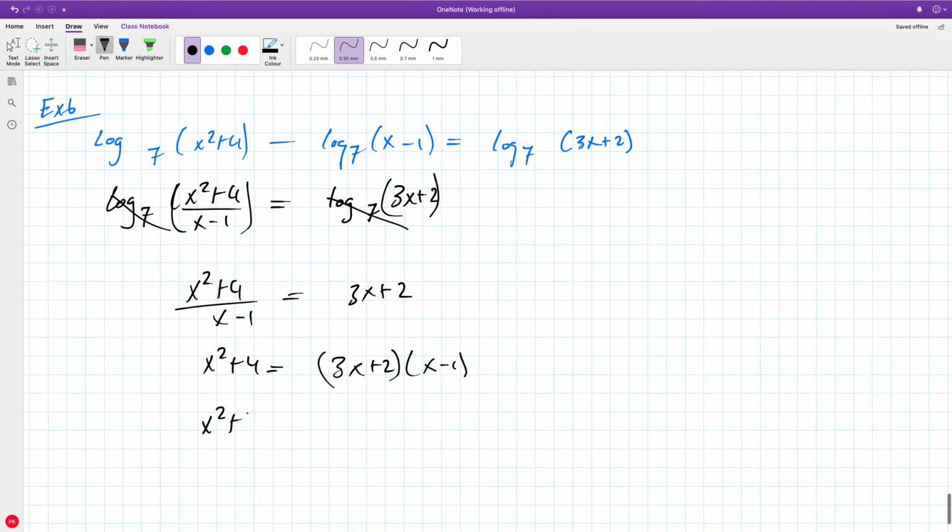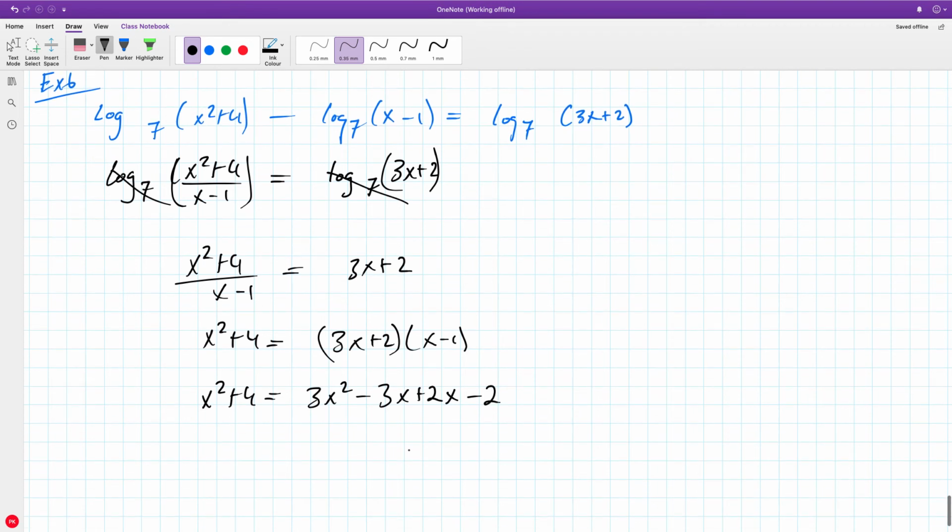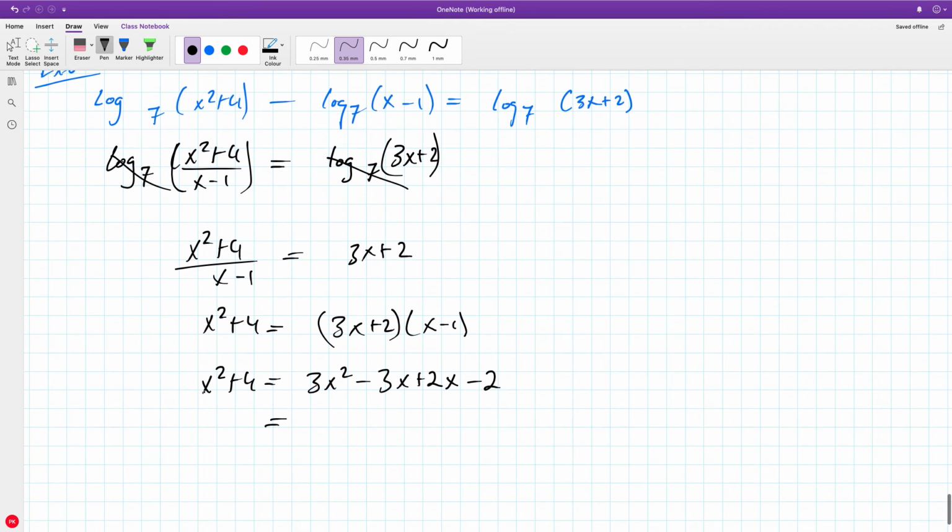That's x squared plus 4 is equal to 3x squared minus 3x plus 2x minus 2. Bring over x squared: 2x squared, minus 3x plus 2x is minus 1x, minus 2 minus 4 is minus 6.